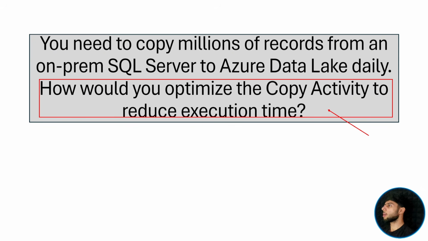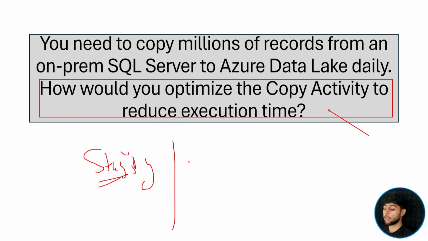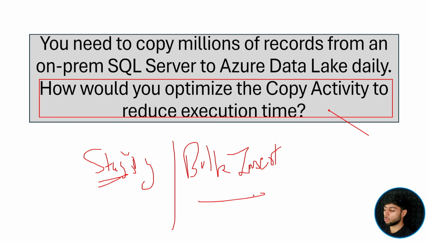So you can either enable staging in your copy activity, or you can simply use the bulk insert option that you get only when you are using SQL Server. In both cases, your copy activity will be optimized and will run efficiently to load millions of records.